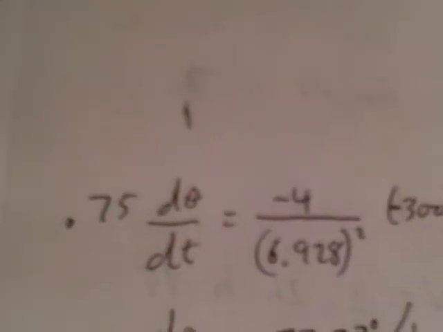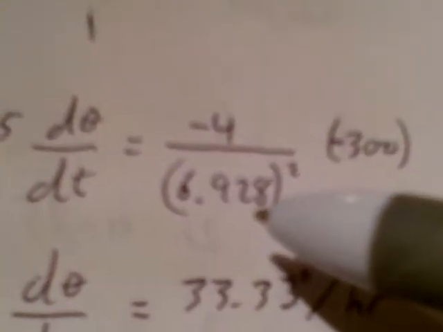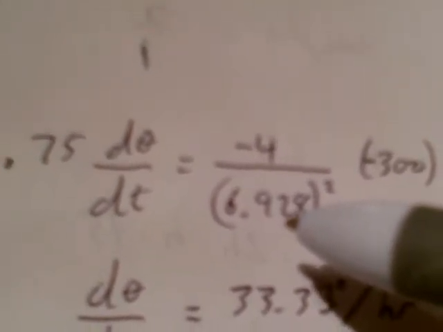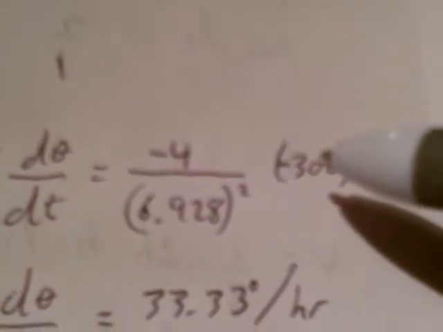So as it turns out, we're actually almost done with the problem. 0.75, which was the secant squared of theta, times d theta dt, which is what we're trying to find, equals negative 4 over x squared, and x was the distance from the observer to the point directly under the plane when the angle of elevation was 30 degrees. And then we do times dx dt.